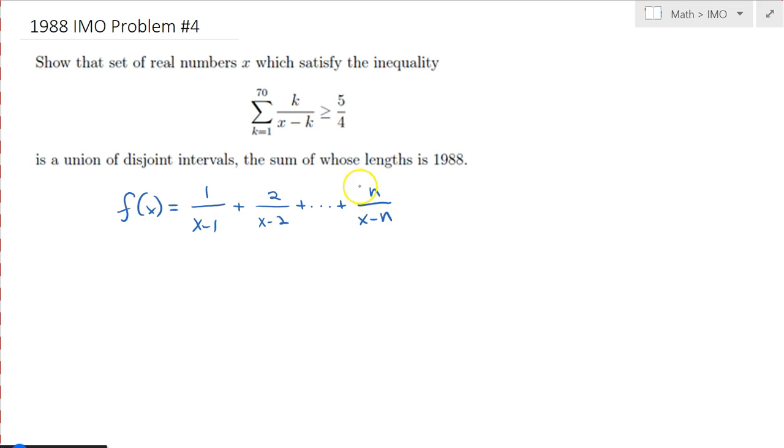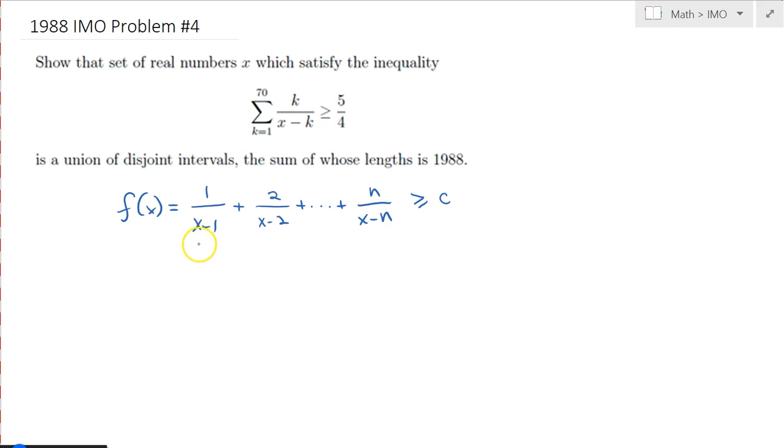Obviously what I did here is I replaced the 70 with n, so in our problem we need to change the n with a 70, and what I want to show is that this function is greater than, or instead of 5 over 4 I will make it greater than or equal to c.